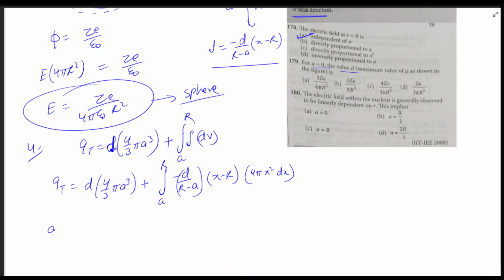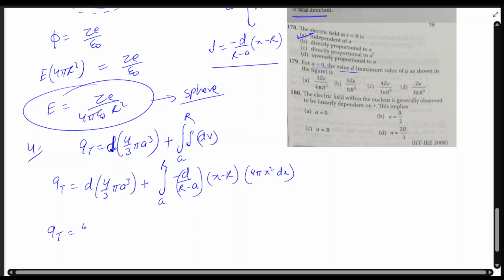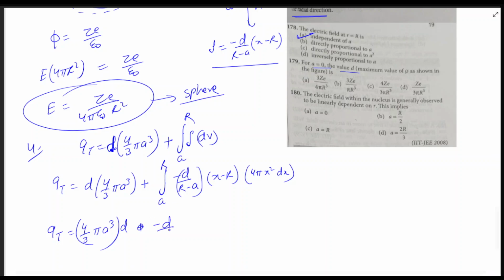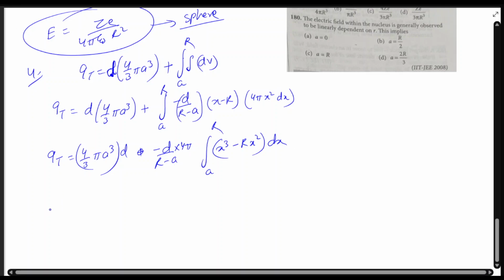Right. So I'll solve. Qt will be 4 by 3 pi a cube into d, plus, so this is minus, d upon r minus a into 4 pi. We're left with x cube minus r x square dx from a to r. Right? I'm just generalizing things.